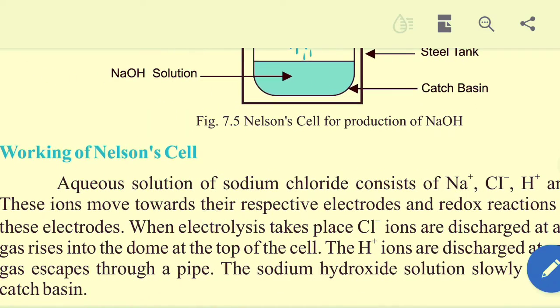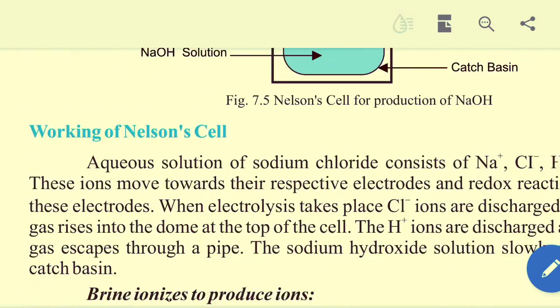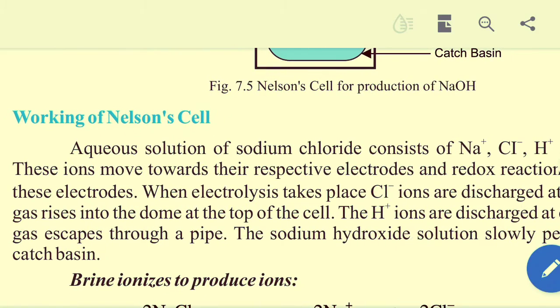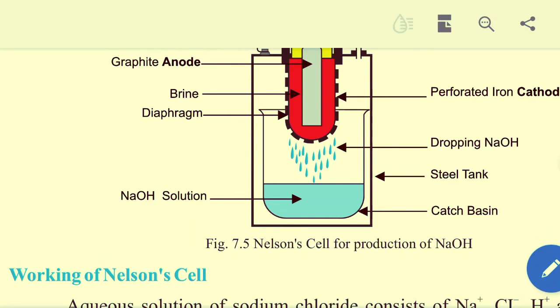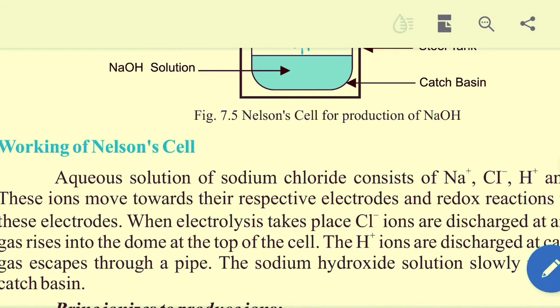These ions move towards their respective electrodes, and a redox reaction takes place at these electrodes. Sodium will move towards the cathode, and chloride, which has a negative charge, will move towards the anode.